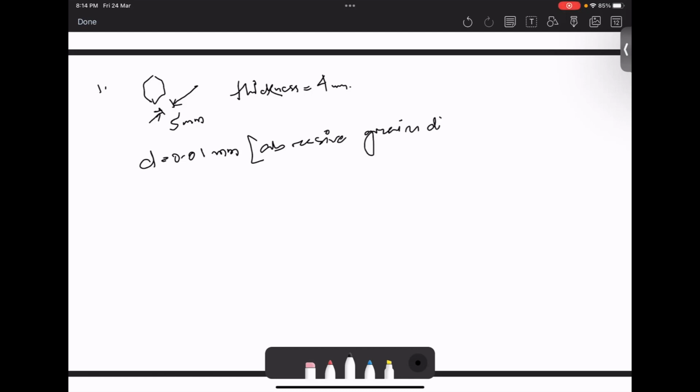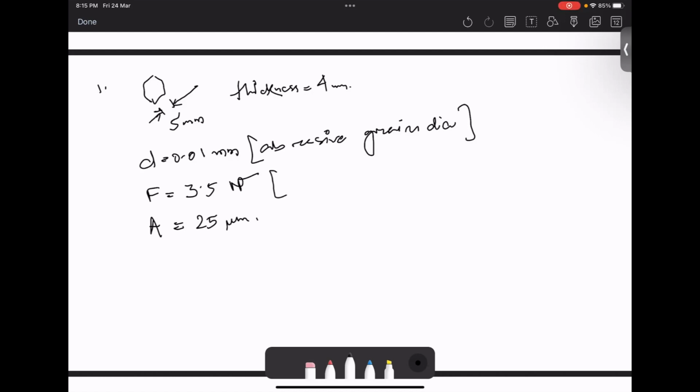This is your abrasive grain diameter, and then you have a force of tool on grains, whose magnitude is given as 3.5 newtons. The amplitude of this particular ultrasonic machining tool is given as 25 micrometers.